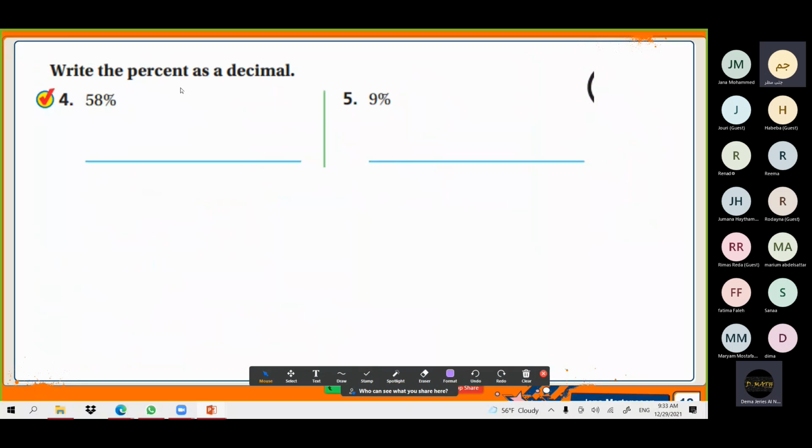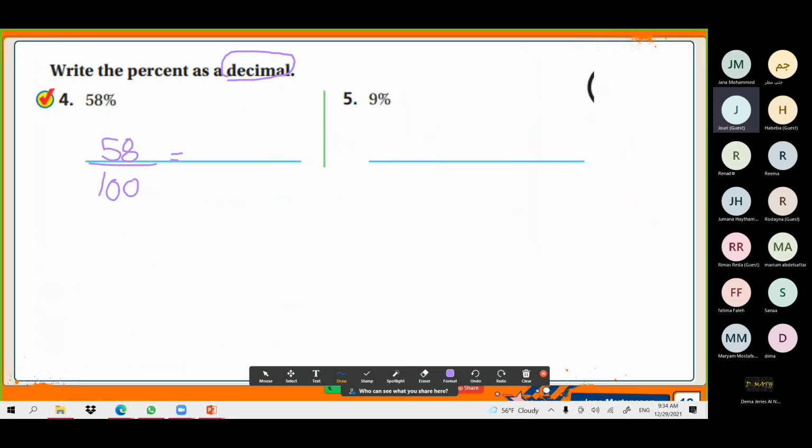Now, let's solve number 4 here: 58%. I want to write it as a decimal. So you will say 58 over what? Over 100. 58 over 100.